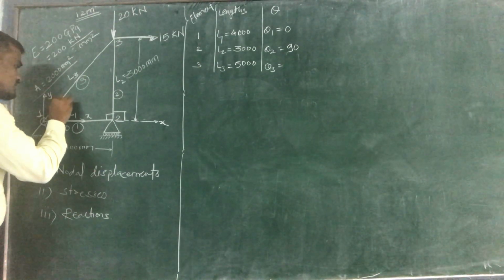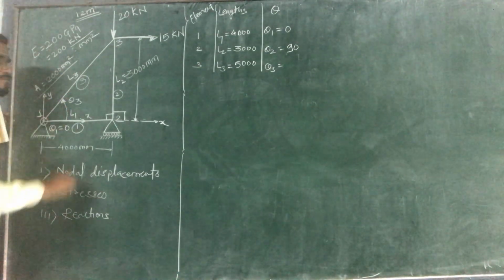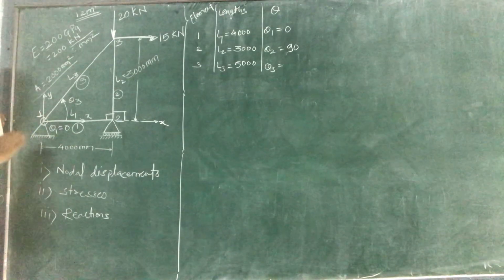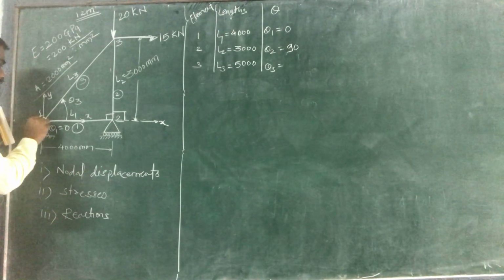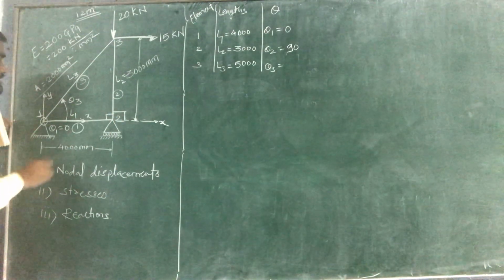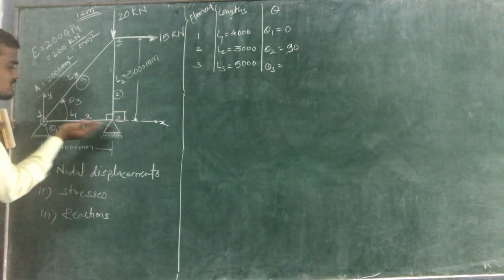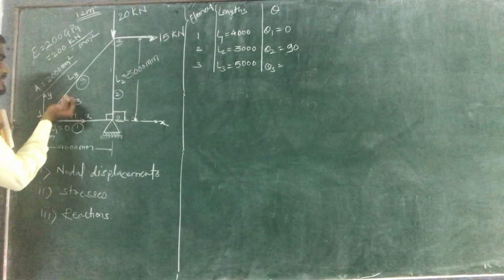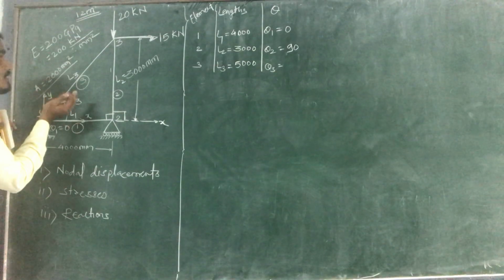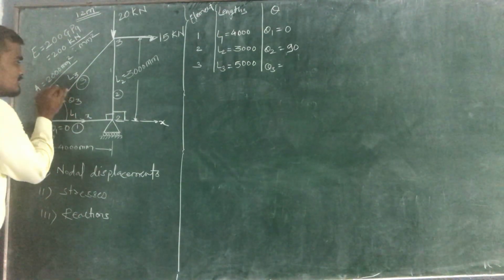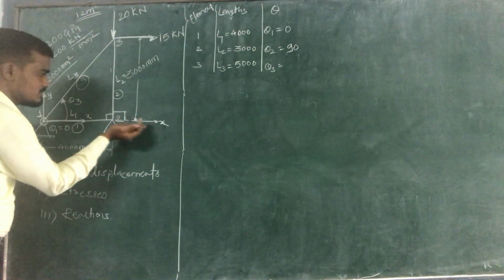Because the first node we have taken as a reference node, and at this node we have applied our xy coordinate system. So from this x axis, what is the value of this theta 3? At what angle is this element inclined to this x axis?